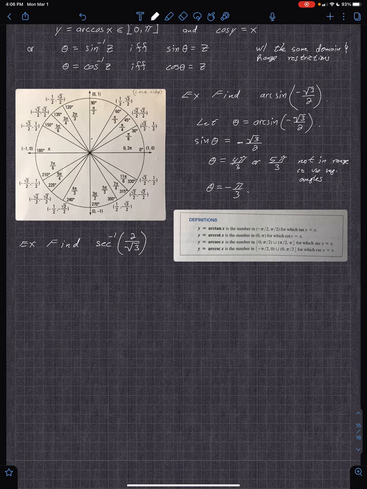Let's remember that secant theta is 1 over cosine theta. Same as before, we will let theta equal secant inverse of 2 over root 3.